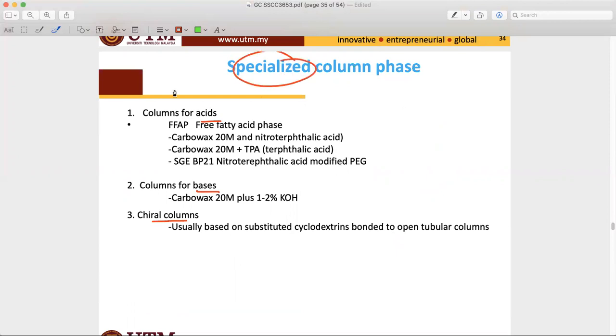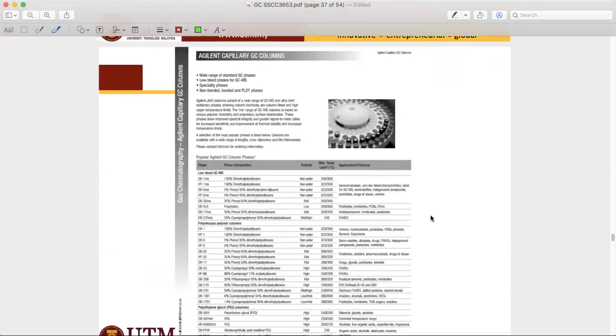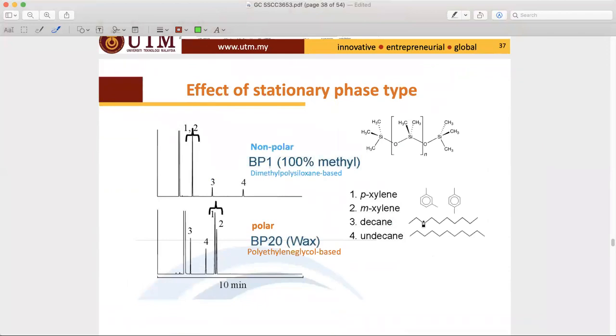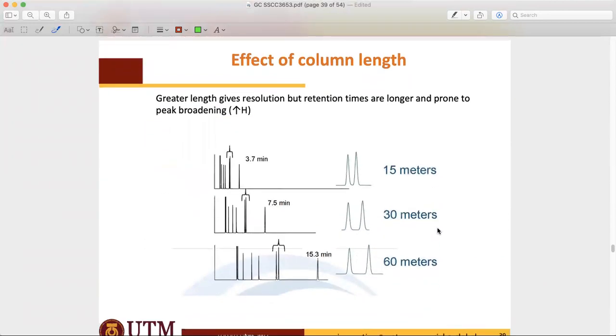So if your analytes are all of these compounds, you might need to think about using this column. Okay. All right. So this is also an example of a separation of free fatty acids by using a BP21 column. Okay. All right. This is also an example. This is also an example. Okay.